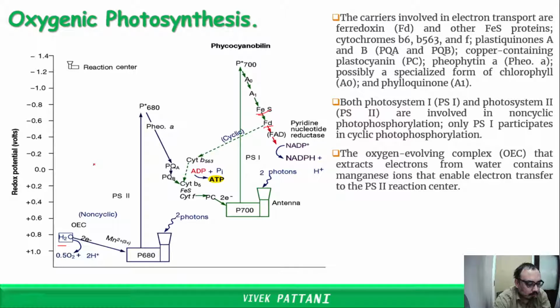So the essential link between the chain is plastoquinone, which is the essential link between photosystem 1 and photosystem 2. As I told you, the pathways may differ from bacteria to bacteria.